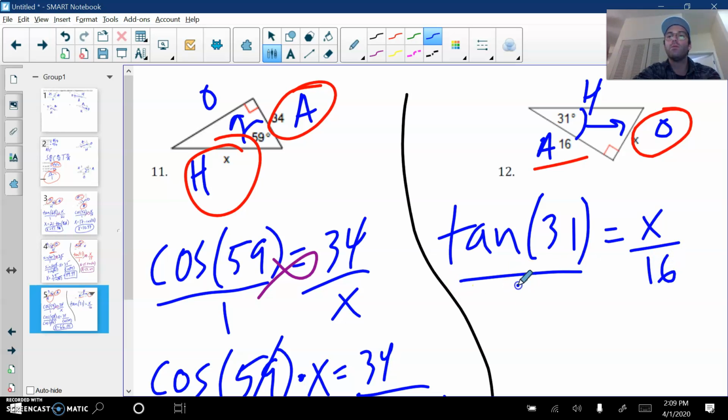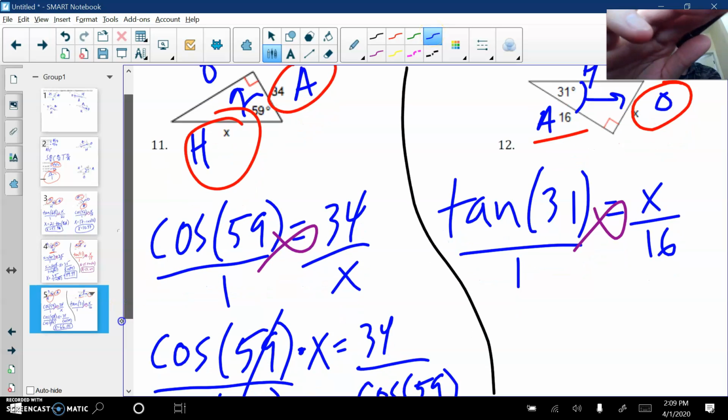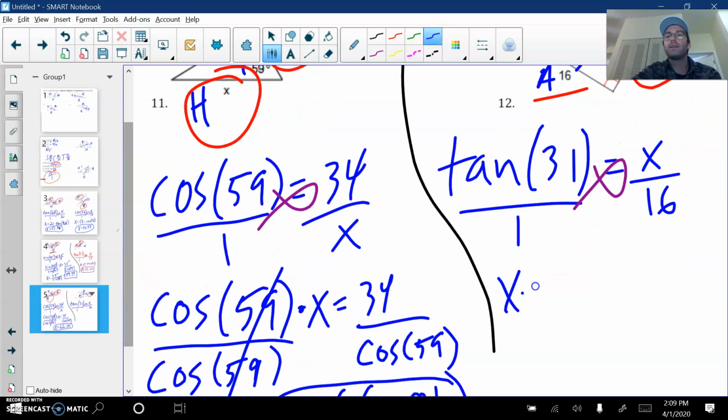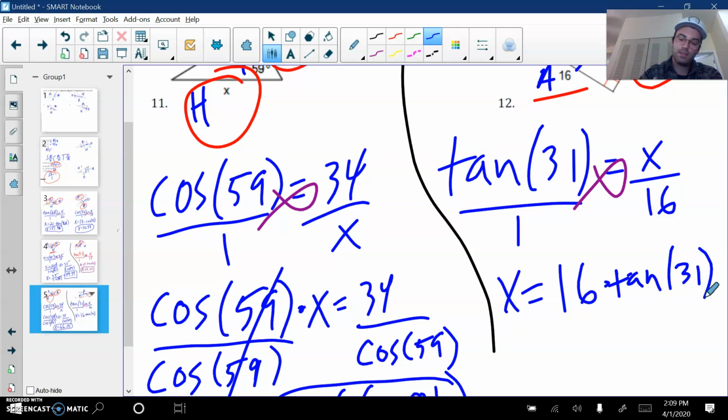Put this over 1. Cross multiply. X equals 16 times the tangent of 31. 16 times tangent 31 equals 9.61.